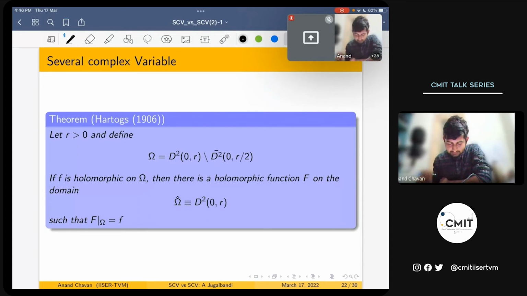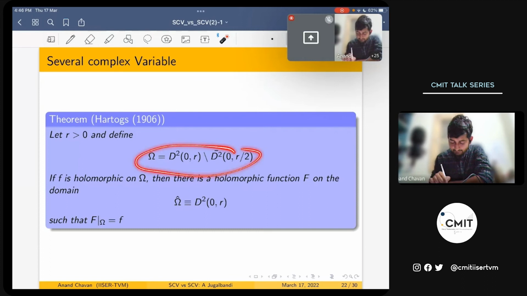So let me state formally what Hartogs' theorem was. If I have a polydisk, and I remove some portion of the disk, basically a concentric disk, and if I define a holomorphic function on that domain, then there is a holomorphic function F on the full polydisk such that F restricted to this domain will be equal to f.